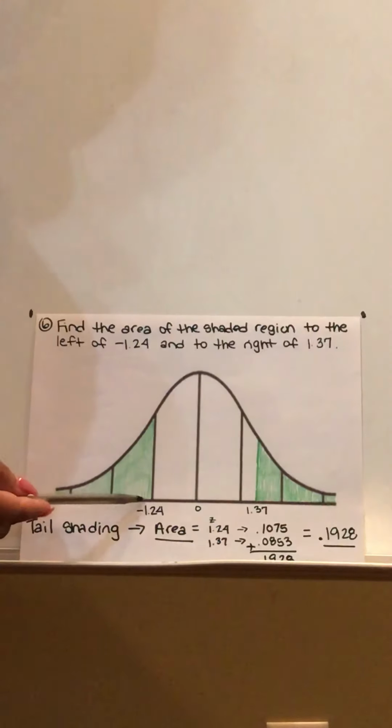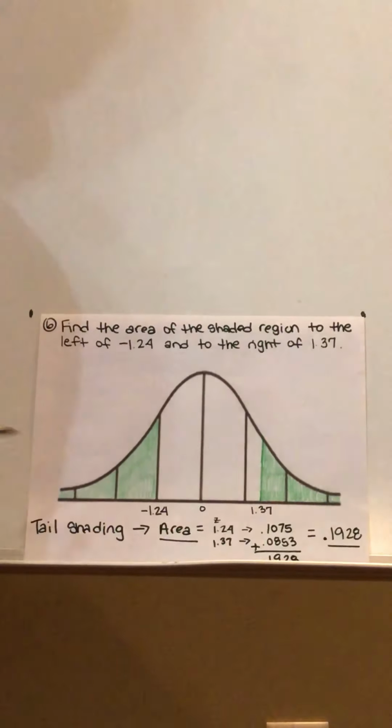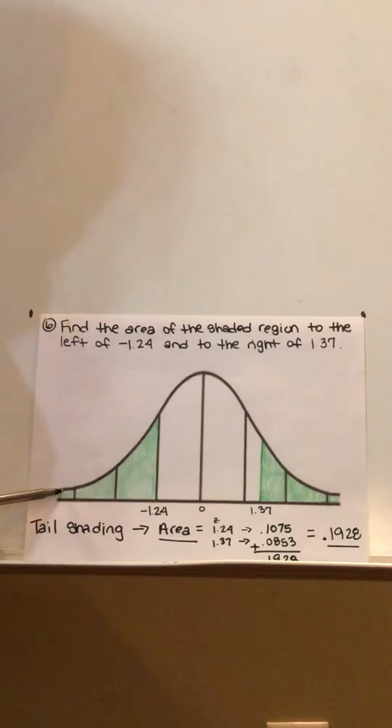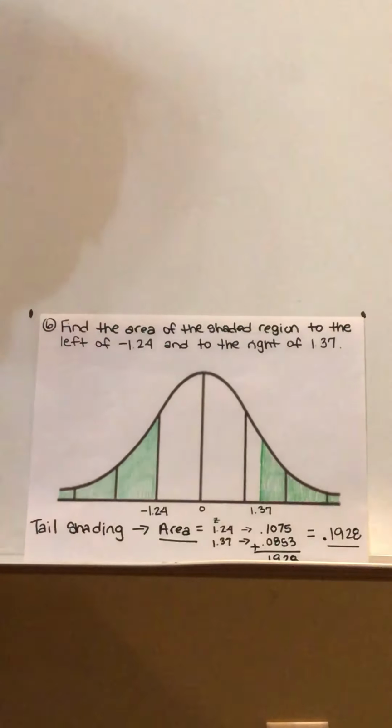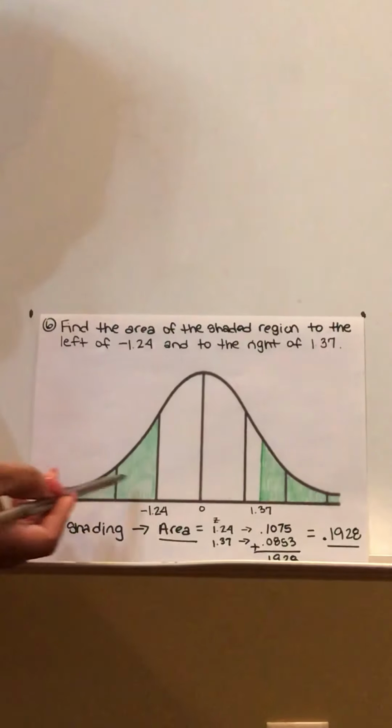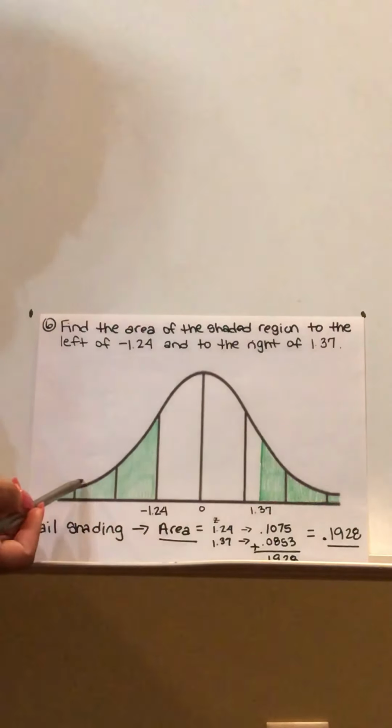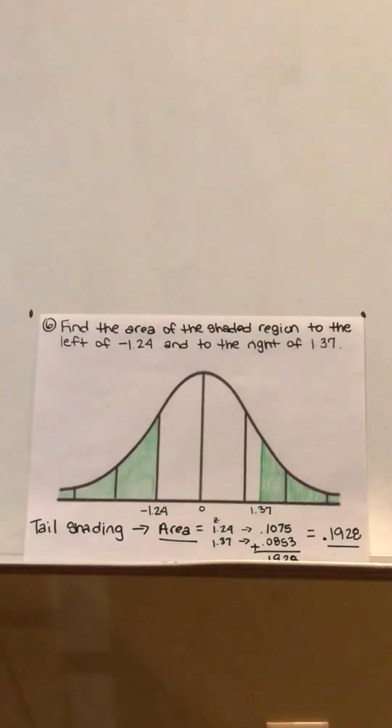I'm going to go to 1.24's tail on my chart. I'm going to look for 1.24's tail measurement, and it's going to be 0.1075. That area shaded here is going to be 0.1075.